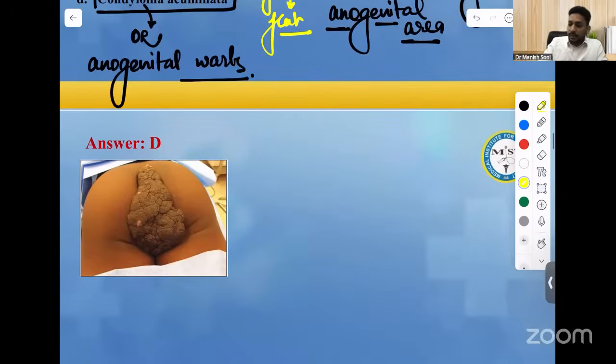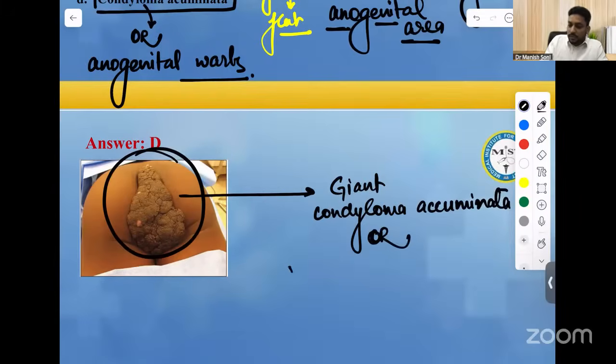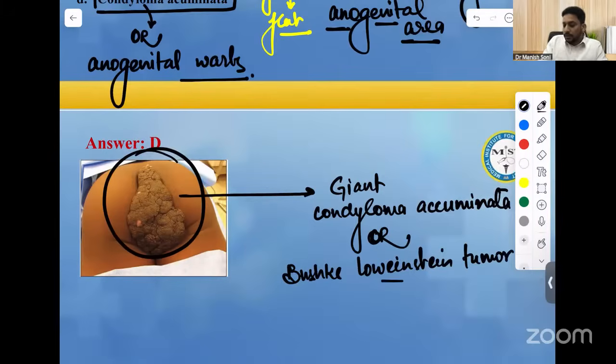Now remember that when the growth becomes so large, we give it another name: giant condyloma acuminata, also known as Buschke-Lowenstein tumor.